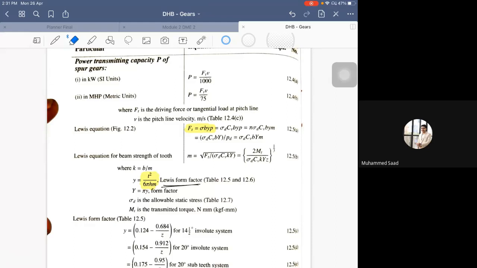Ratvik? K is equal to B by M. Yes? K is equal to B by M. What is K? Center distance. I don't have the center distance. Load stress factor, sir.